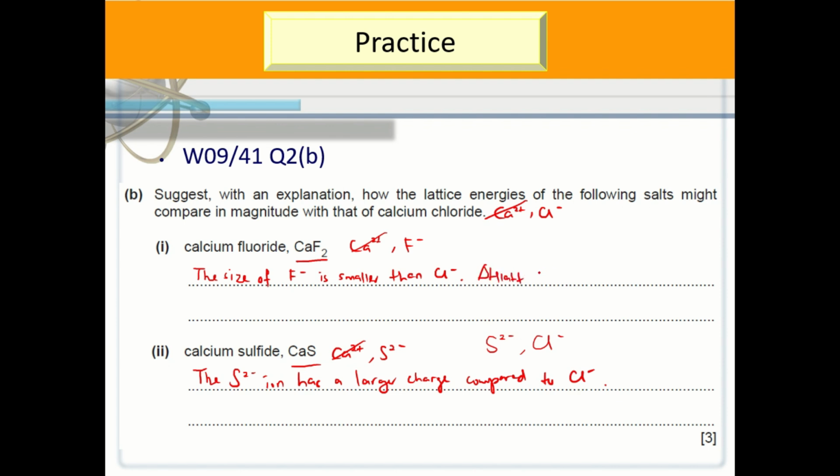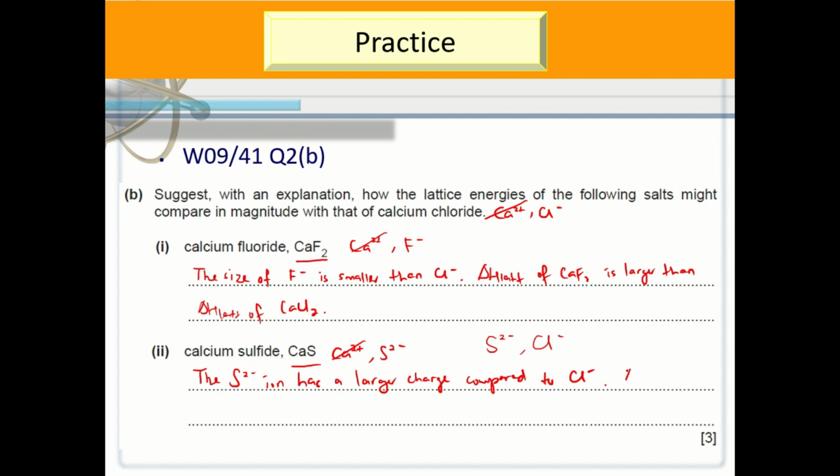of calcium fluoride will be more exothermic than lattice energy of calcium chloride. So we are supposed to compare in terms of magnitude only, so it will be larger. Second part, sulfide ion has larger charge compared to chloride ion.